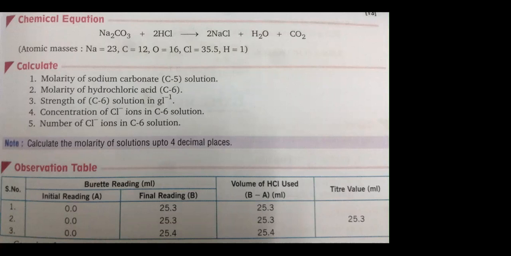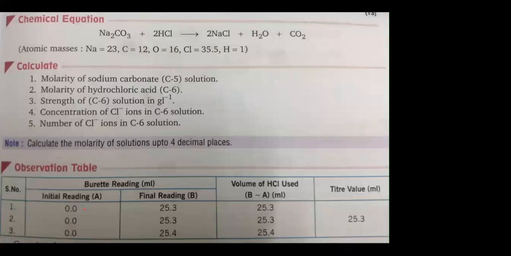Now, the readings that we were talking about have been tabulated in this form here in the observation table. So the initial reading is taken, the final reading is taken. If you started from 0, that is your initial reading, and the final reading is where the base was just neutralized by the acid.